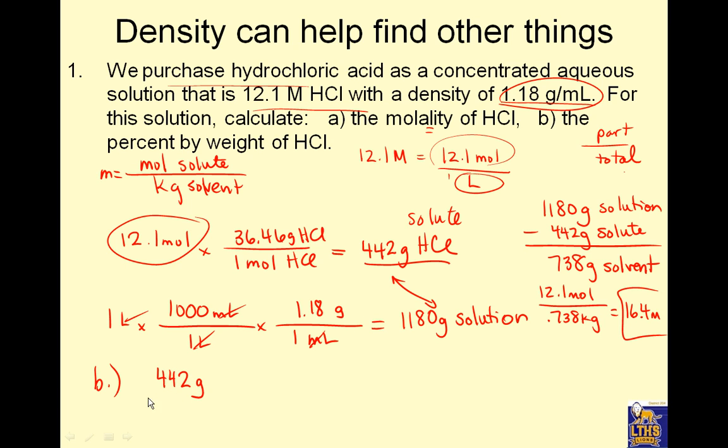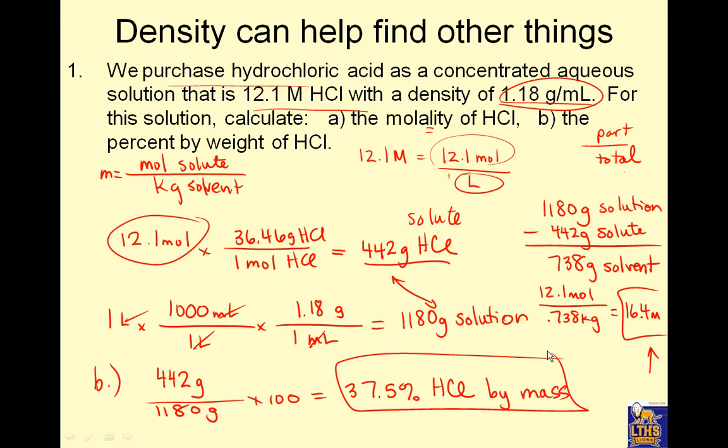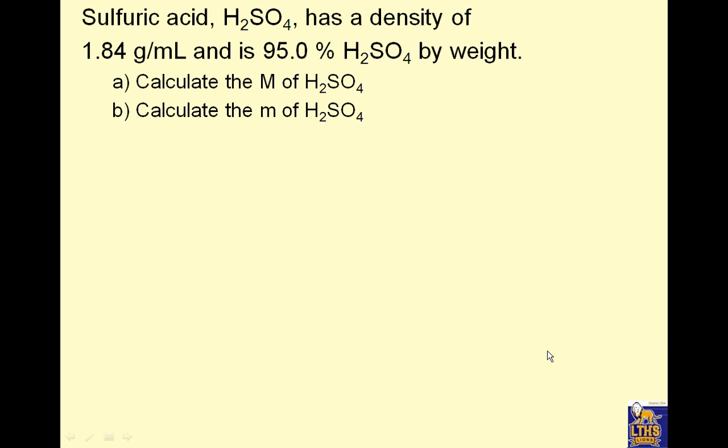And then divided by our total, which is the mass of our solution, 1,180 grams of solution, times 100. 442 divided by 1180 times 100 is 37.5% HCl by mass. All right. So, density can help us find a lot of stuff, but our two main definitions this time are concentration molality and concentration by percent. Okay.